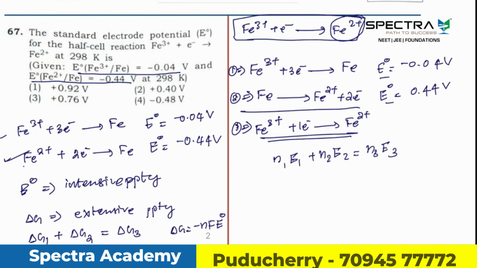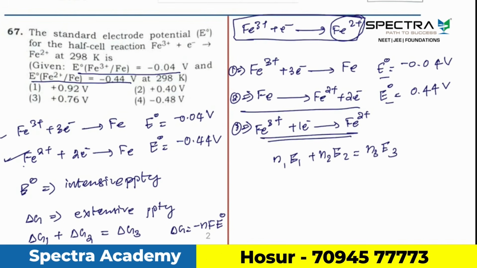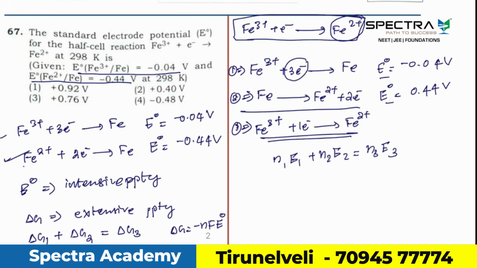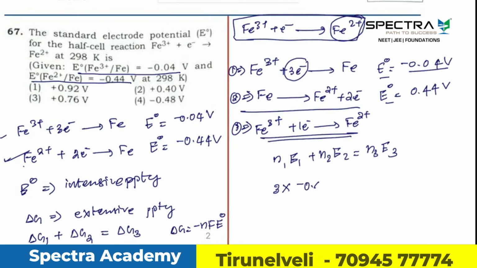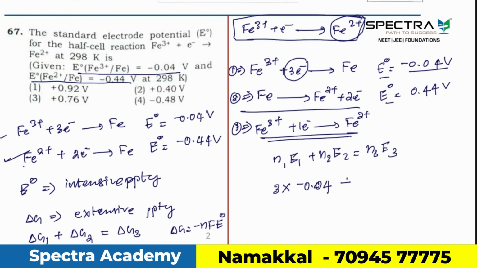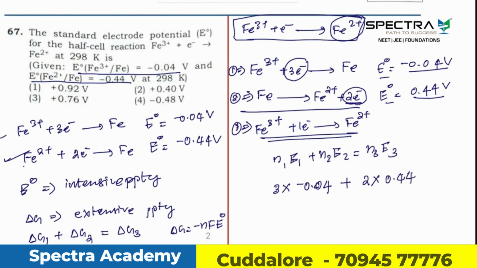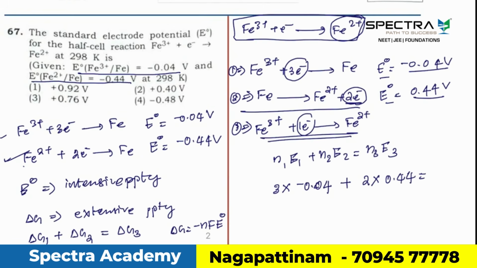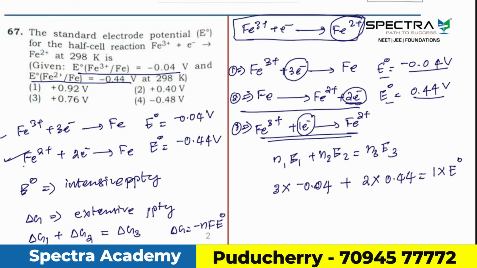n is the number of electrons transferred during the reduction or oxidation. So for the first reaction n1 will be 3 into its potential, minus 0.04 volt, plus n2, the number of electrons in the second reaction, that is 2 into its potential 0.44, equal to n3, the number of electrons transferred in the final reaction, that is 1 into E naught or electrode potential.